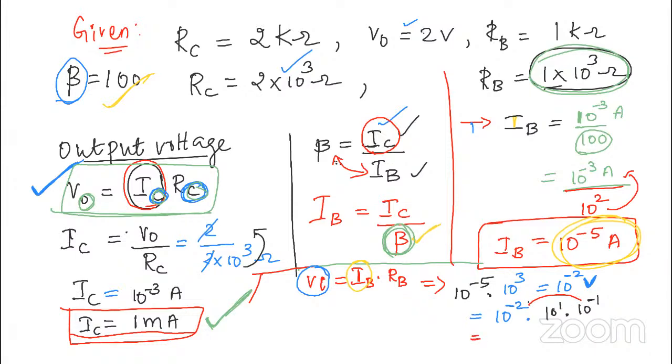Okay, so நம்மளுக்கு தெரியும் 10 power minus 3 அப்படினாவே it is a milli. Okay, so here 10 power 1 which is nothing but 10.